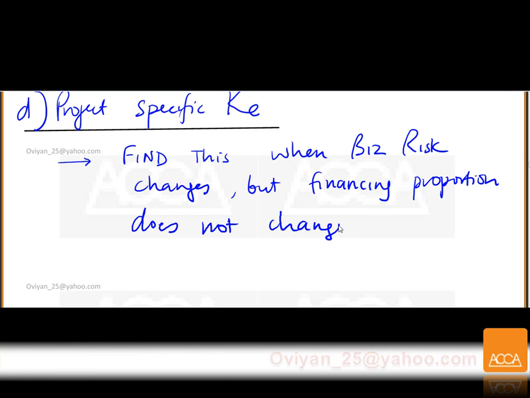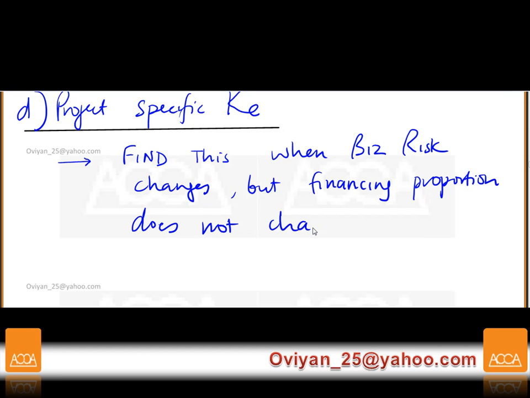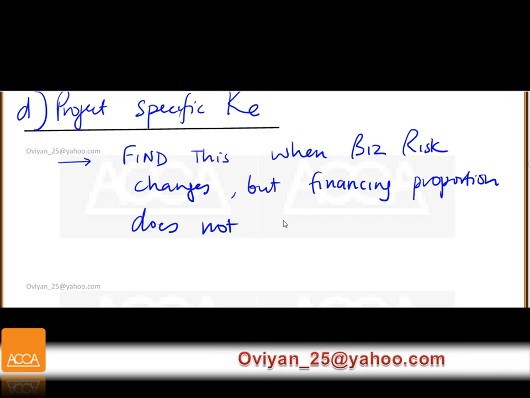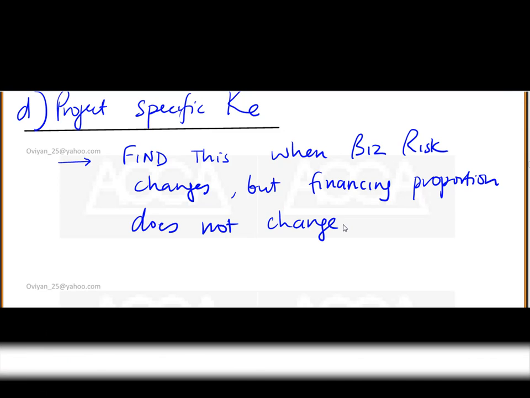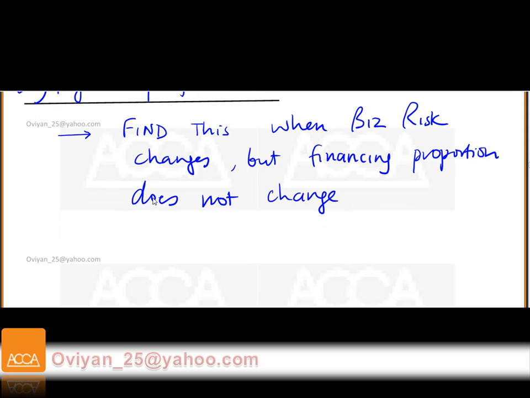Yeah, financing proportion does not change. So when you write this, you're simply getting ready for P4 examinations next time round. You should know when you use a project specific WACC. It's only done when the business risk changes, but the financing element is the same proportion.